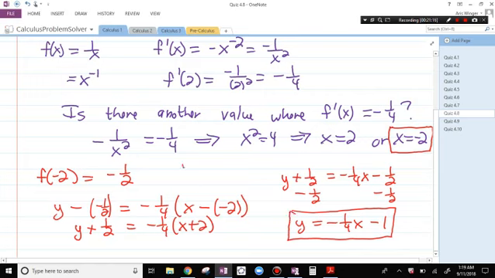Some people like to use y equals mx plus b, so you could have done this, y equals negative 1/4 x plus b, and then just use the point that you have, negative 2, comma, negative 1/2, and you would have gotten the same thing.